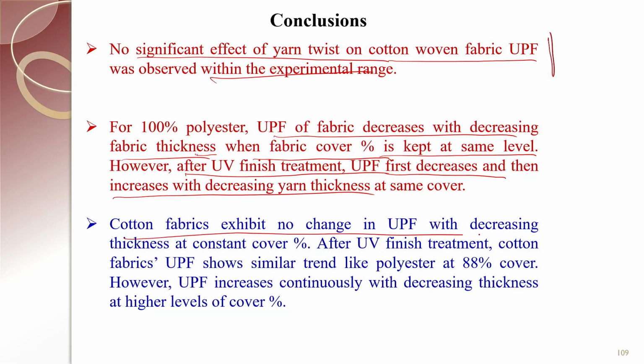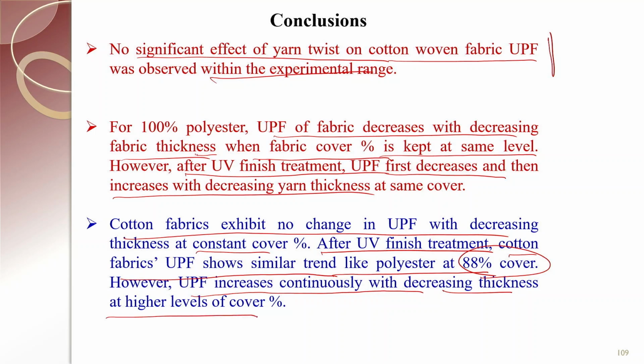And cotton fabric does not have that effect of decreasing thickness on the UPF at constant cover factor, but as the cover factor increases, the UPF increases. But after UV finish treatment, which is important, the cotton fabric's UPF shows a similar trend like polyester at 88% cover factor. However, UPF increases continuously with decreasing thickness at the highest level of cover.